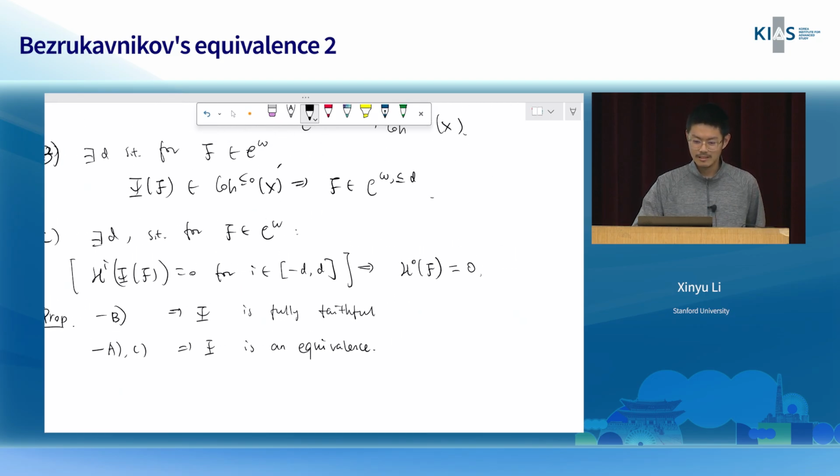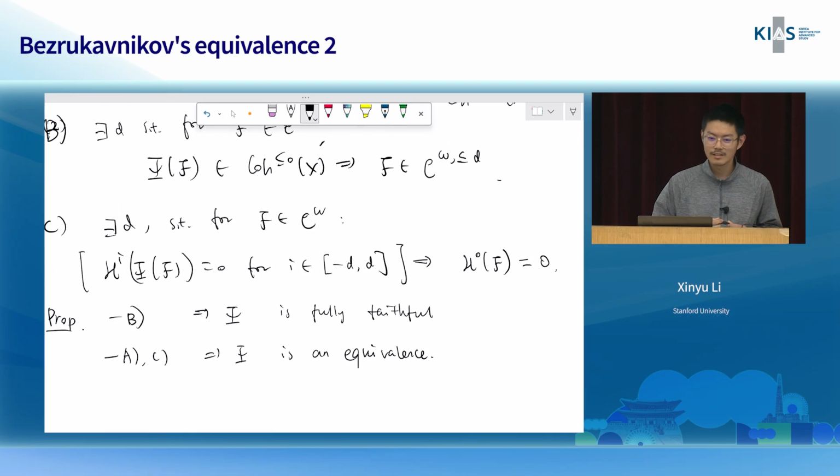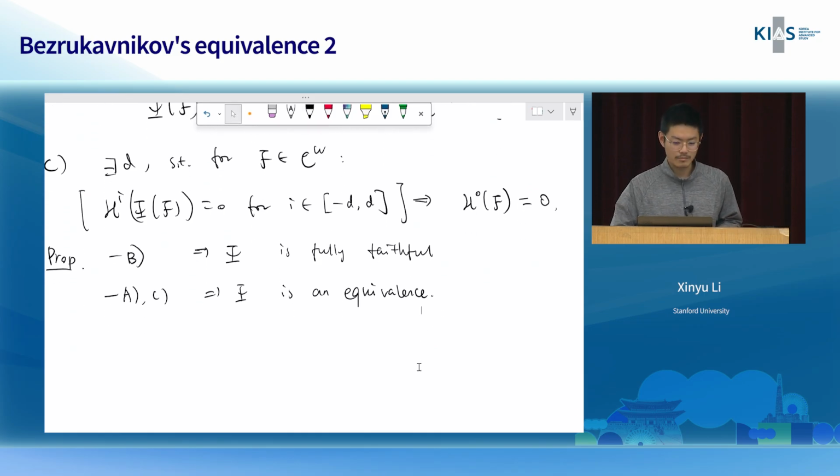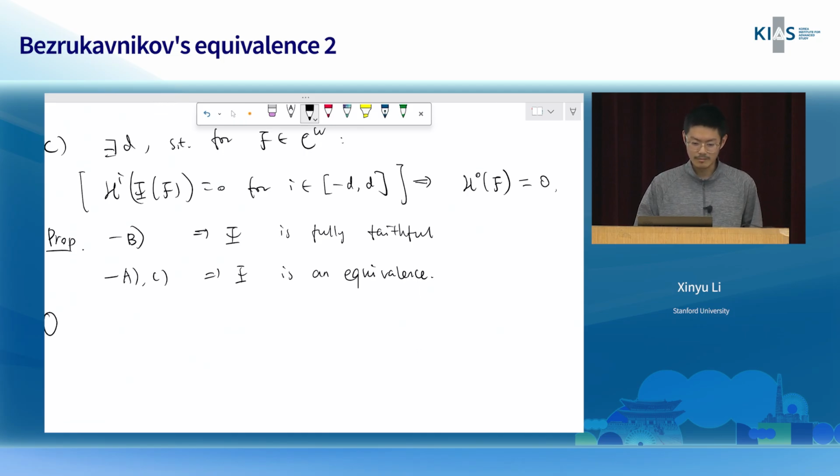And so again, it's a combination of some soft analysis and some real input. I think I will not recall all the soft analysis part, but let me just say one non-trivial geometric input is the following.